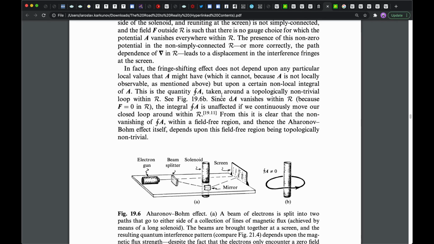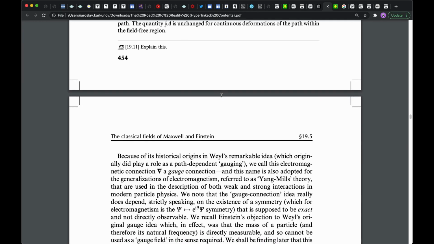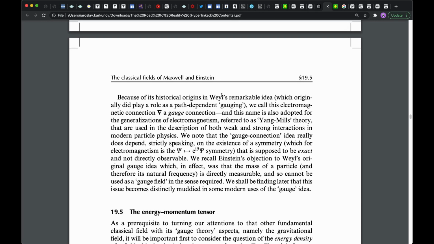But I'm still thinking that to understand that better, we will need to understand more about quantum mechanics, about wave functions and how those are changing. And only afterwards we'll be able to understand that experiment in its wholeness, right?